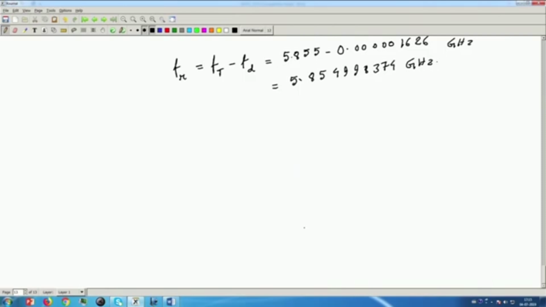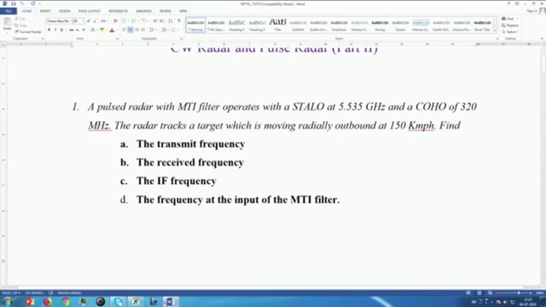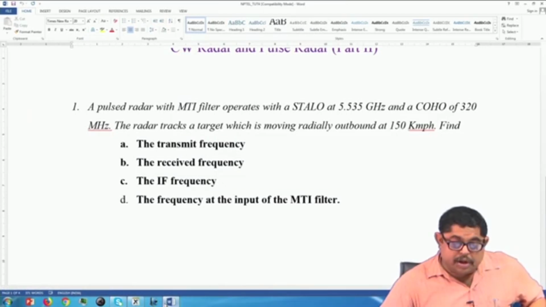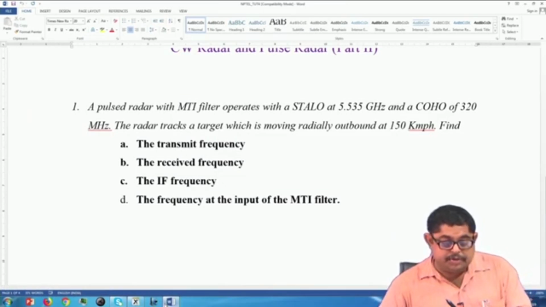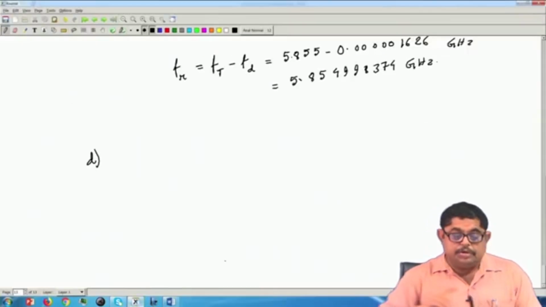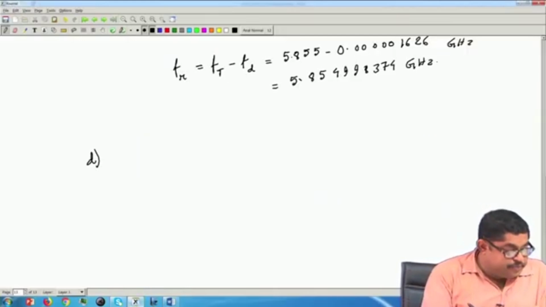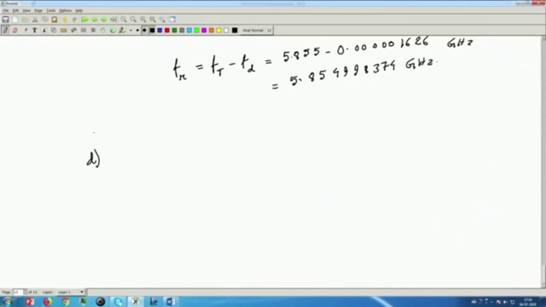Then the next part is the IF frequency. We have done the received frequency FR, so next we will do the IF frequency.